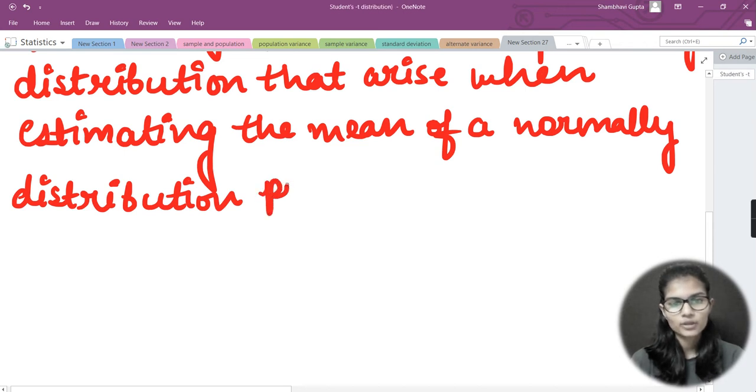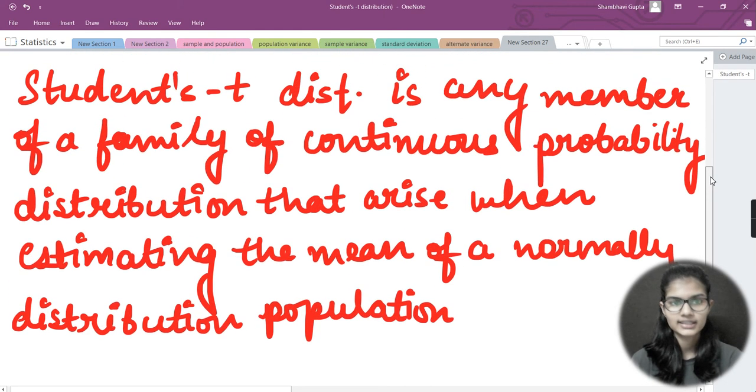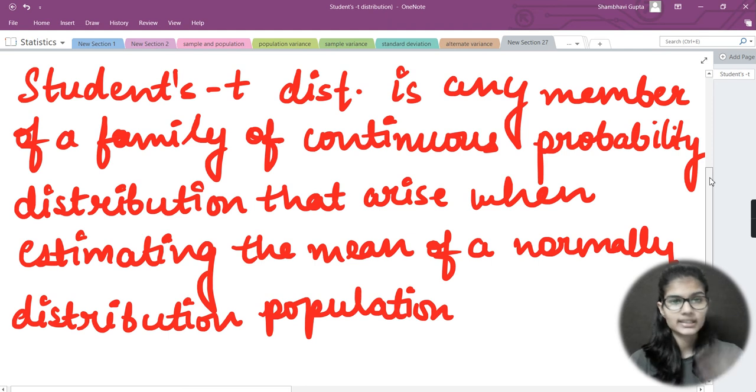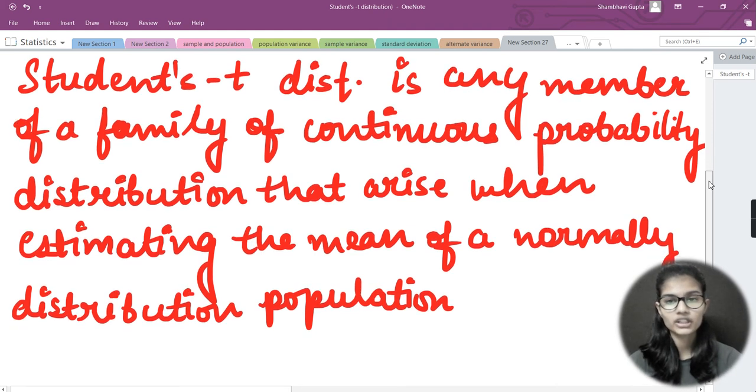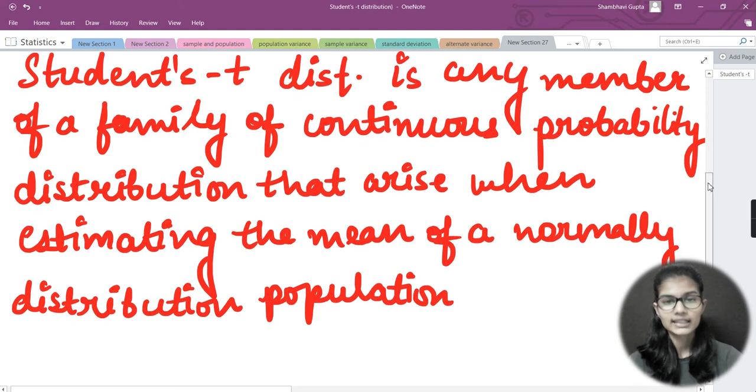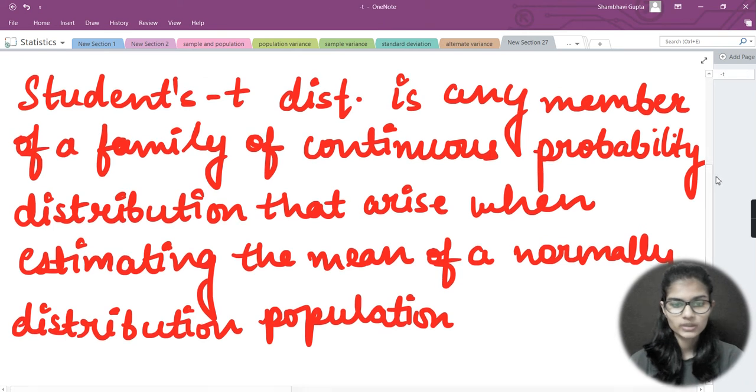Let me quickly write here population as well, and now I would revise the definition once again so that you can have an idea of this. Student's t-distribution is any member of a family of continuous probability distributions that arise when estimating the mean of a normally distributed population.